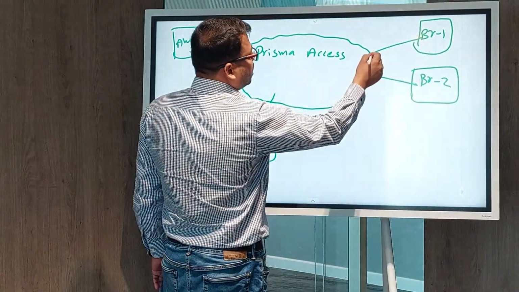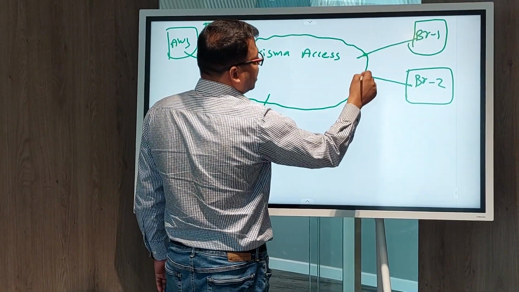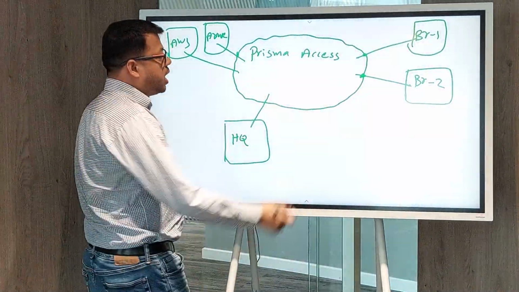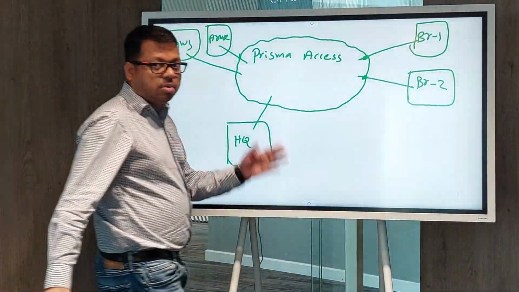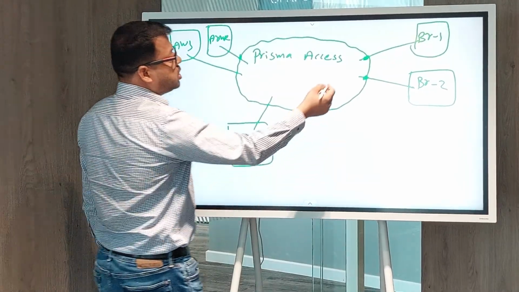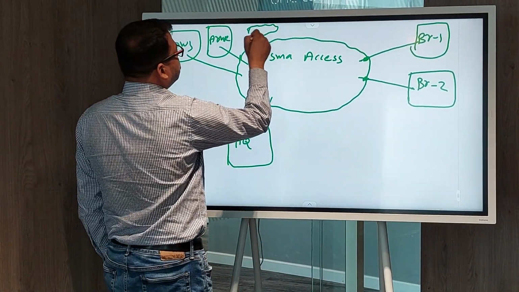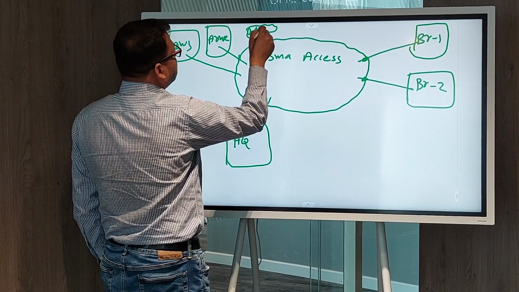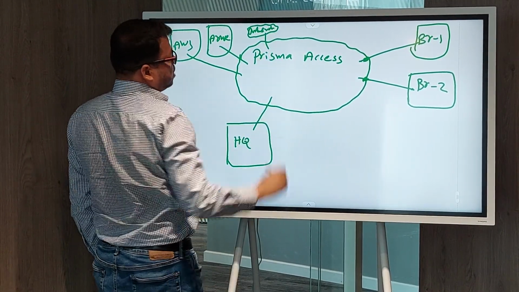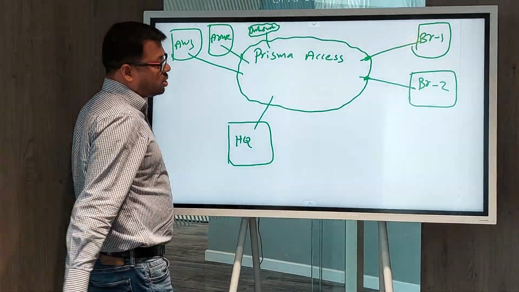Then, whenever the traffic comes into the cloud itself, in the source location itself, we can have all the security policies, like we were discussing previously. All the security services we can apply from here. And internet also. So internet will be connected to the Prisma Access. So this is actually from the Prisma Access, it will directly go.